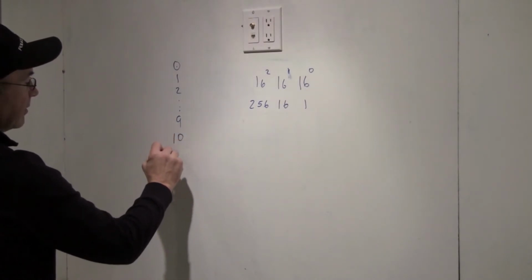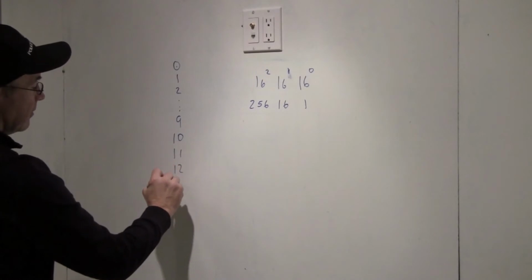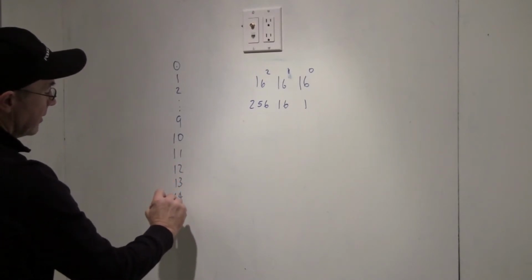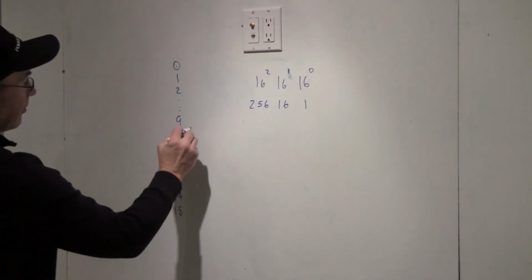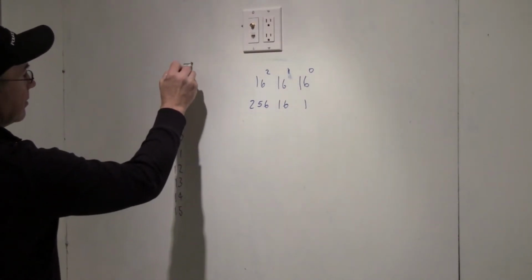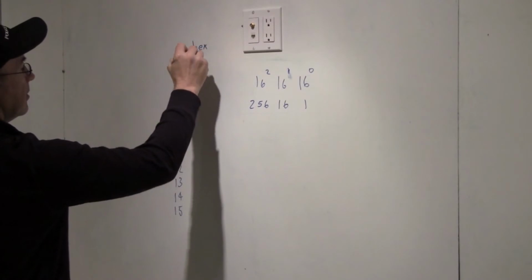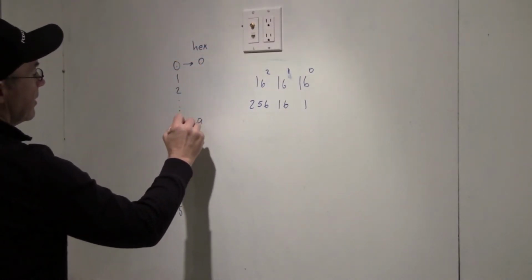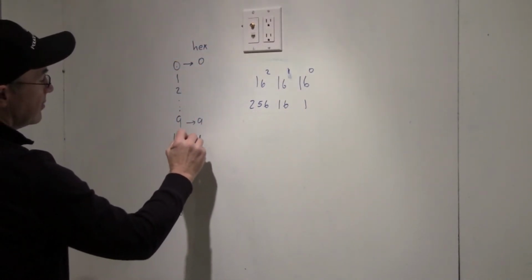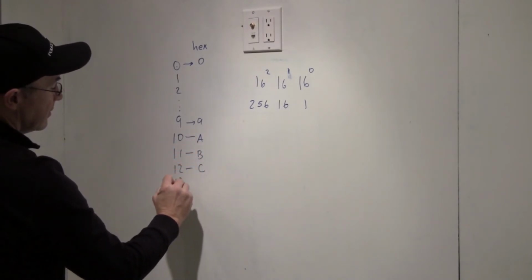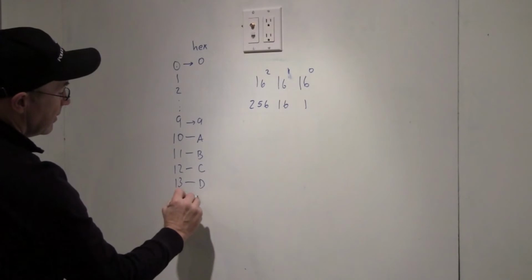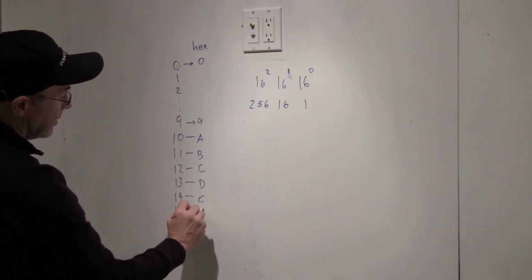So you need 6 more symbols, making 16. Digits 0 through 9 are the same, but when you get to 10, you use an A, 11's a B, 12's a C, D, E, and F.